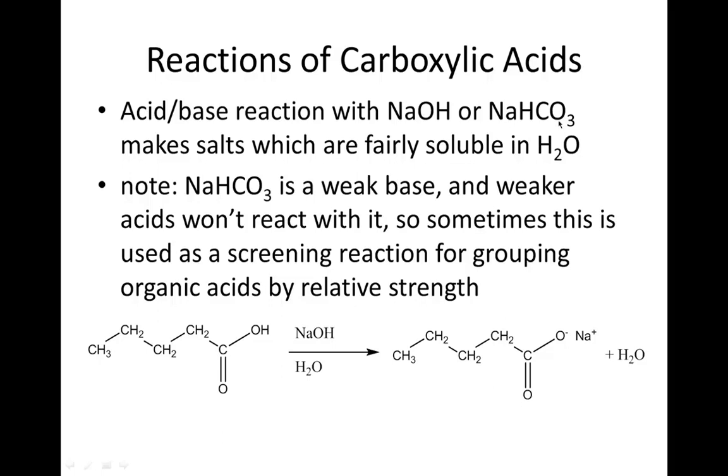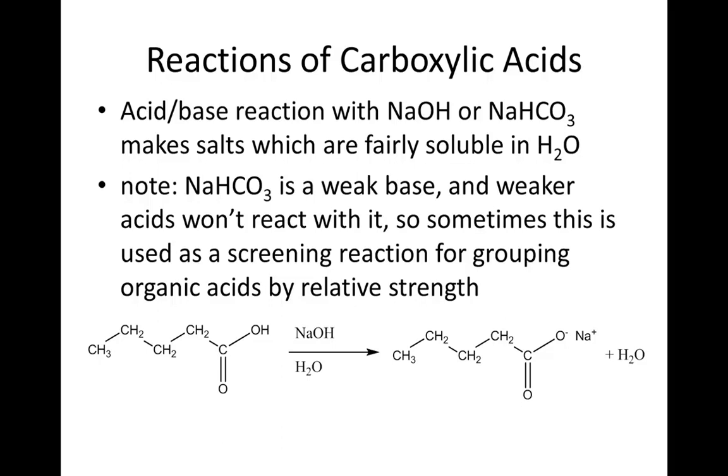If you use a weaker base like sodium bicarbonate solution, you can tell the difference between strengths of acids. So if you're looking at something like acetic acid, the typical carboxylic acid's pKa is around 5, compared to weaker acids like, say, phenol, which, remember, was the aromatic ring with an OH on it. Its pKa is about 10.